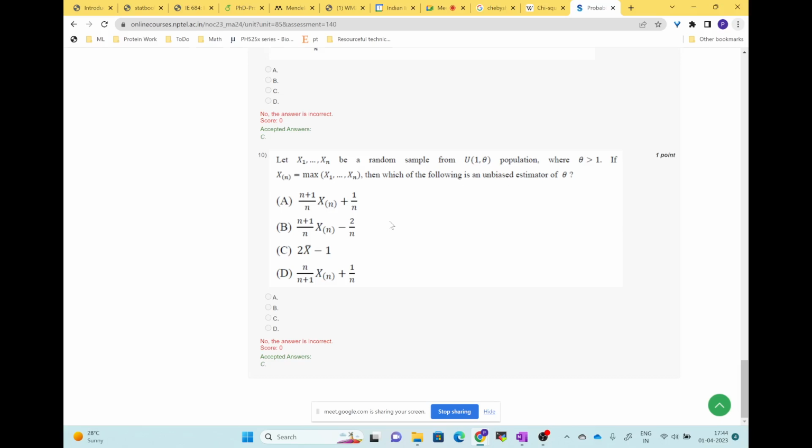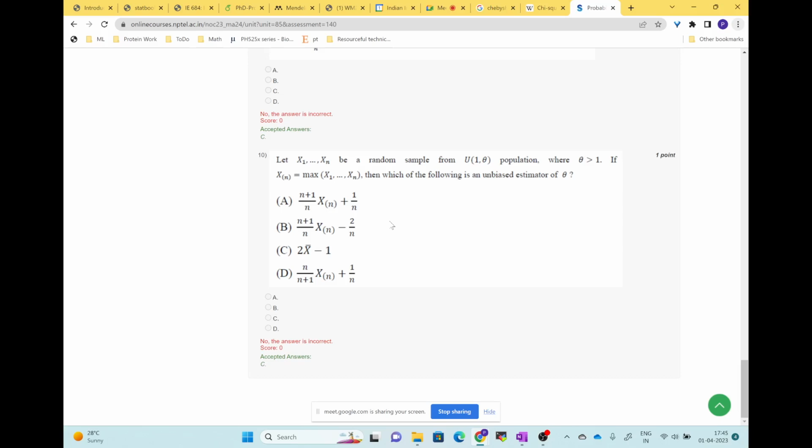Sir, here I do the PDF of Xn by the formula of order statistics: n factorial by n minus 1 factorial into fx, which is 1 by theta minus 1, into the CDF, which is x minus 1 by theta minus 1 whole to the power n minus 1. The term comes: n into x minus 1 to the power n minus 1 divided by theta minus 1 to the power n.